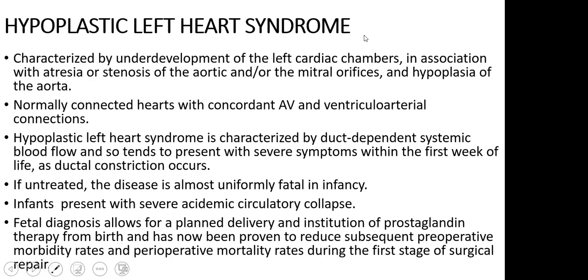Due to aortic stenosis or aortic atresia, a patient can present with hypoplastic left heart syndrome. Why? Because blood is not taken into the heart, either due to an atretic or stenosed mitral valve, or an atretic or stenosed aortic valve. This then brings about hypoplastic left heart syndrome.